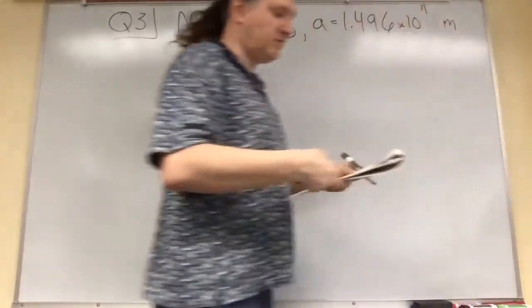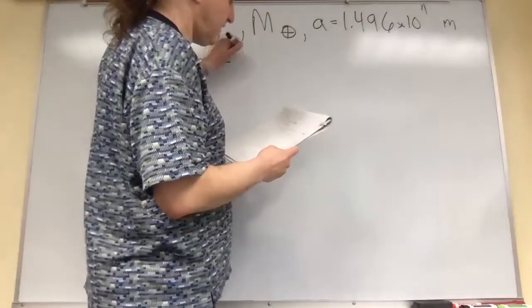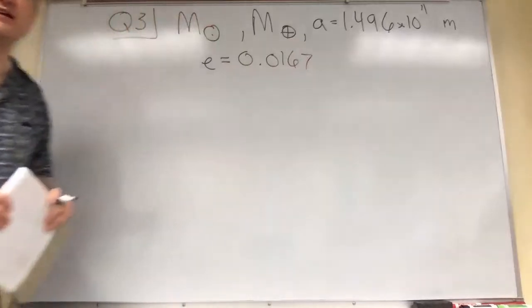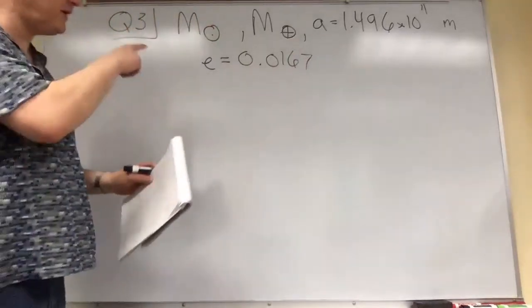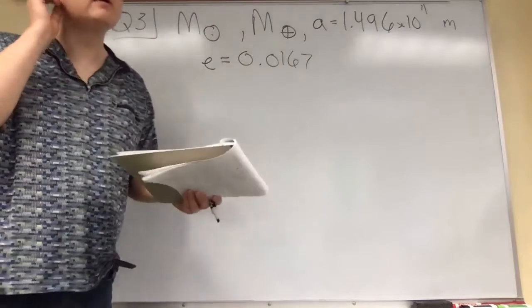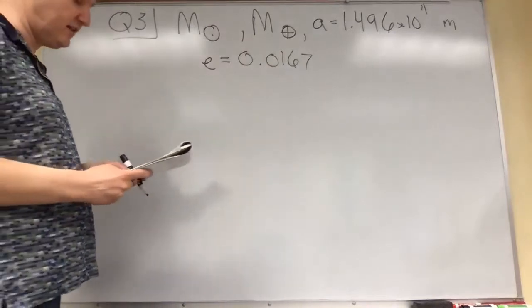That probably would have been a good idea. You were also given the eccentricity of Earth's orbit. Earth's orbit, by the way, is pretty close to a circle. That's pretty close to 0 as far as things go, but it's not exactly 0. So our orbit is an ellipse. It's just a highly circular ellipse.